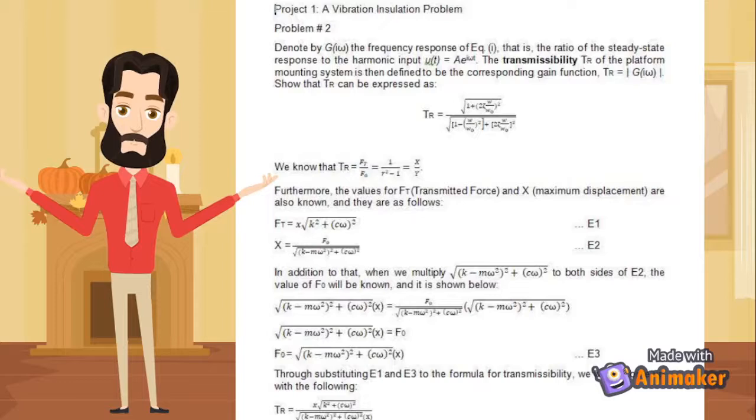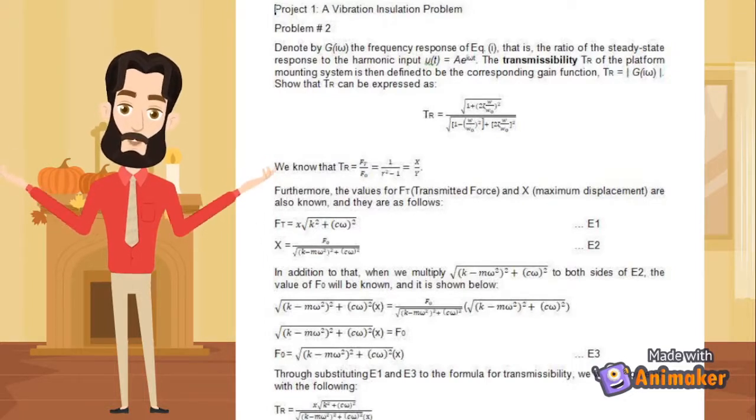In addition to this, when we multiply the denominator of equation 2 to both of its sides, the value of f naught will be known, and it is shown below. The equation for f naught will be known as E3, and with E3, we have all we need to solve for the transmissibility.